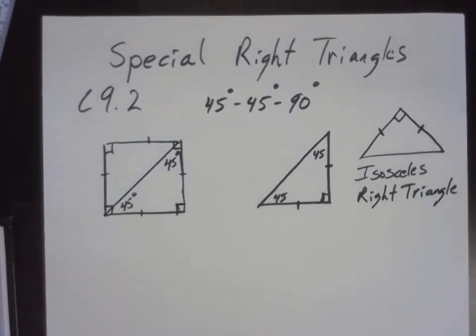So every single 45, 45, 90 triangle, first of all, is an isosceles triangle. So the legs are always the same length, aren't they? So if you know one, you know the other one.